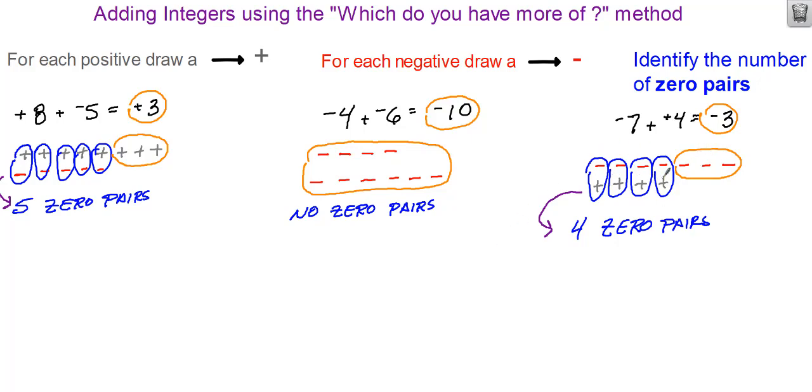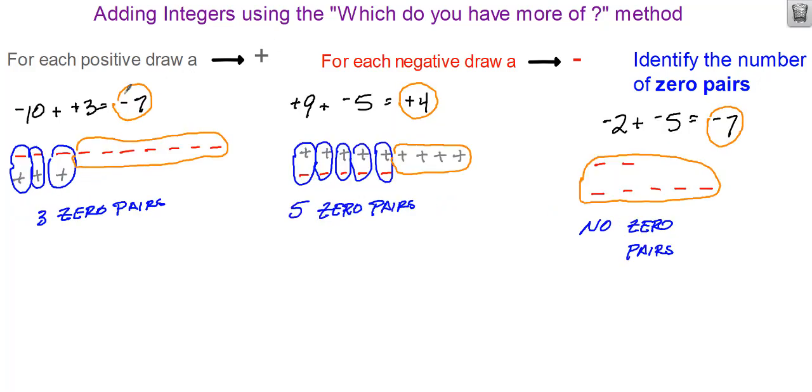So the zero pairs are always going to be the smallest amount if there are different things, if there are negatives and positives. If they're all negatives, then there won't be any zero pairs. So here's the connection again. We had 3 positives and 10 negatives, so we had 3 zero pairs. Here we had 9 positives, that was the bigger number of things. 5 negatives, we had fewer negatives, so they created the 5 zero pairs.